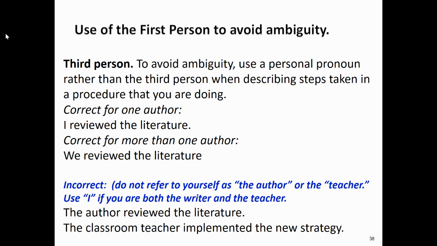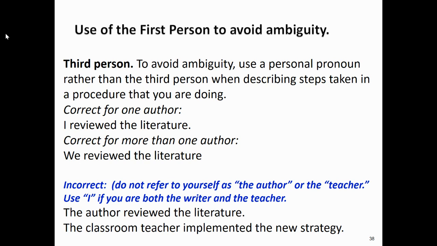You are not only allowed to use the first person to avoid ambiguity, but you are encouraged to use the first person. So don't refer to yourself as this writer or this researcher. You can say I. You just can't be subjective about it.